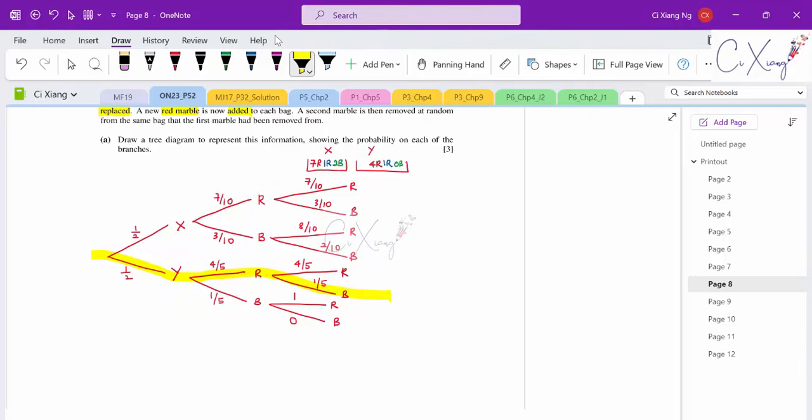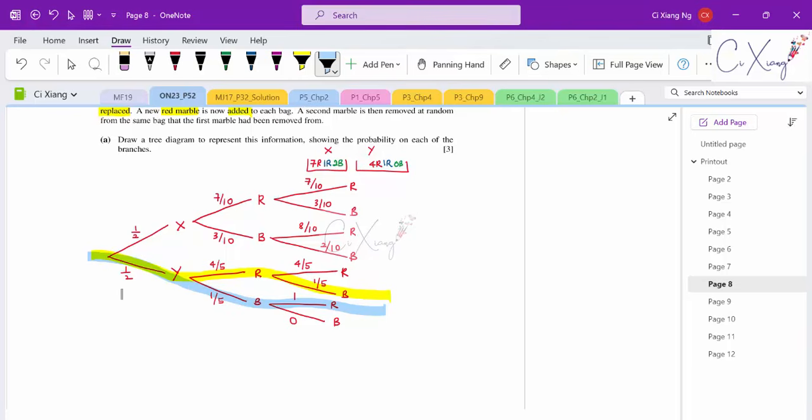This will be your first route, the red color one or yellow color one. Then the second route will be you get the bag Y, then you choose one blue and also one red. So these are the two possible outcomes that fulfill what we want here. Okay, Y intersect with both not same color. So this is the two routes that we have.